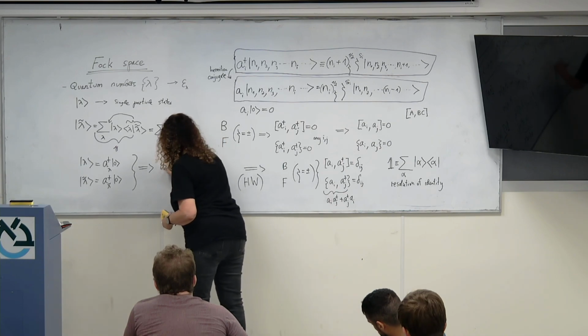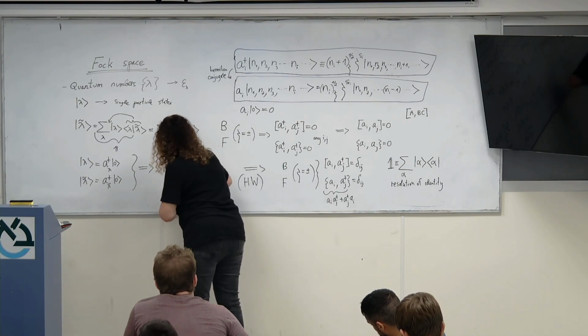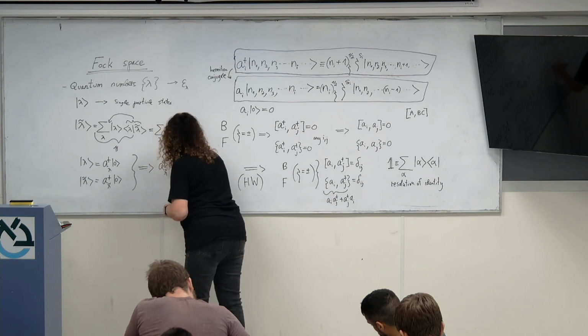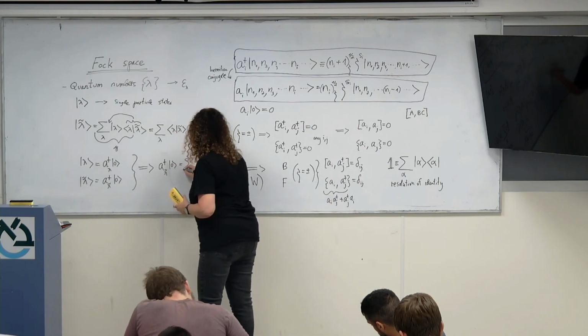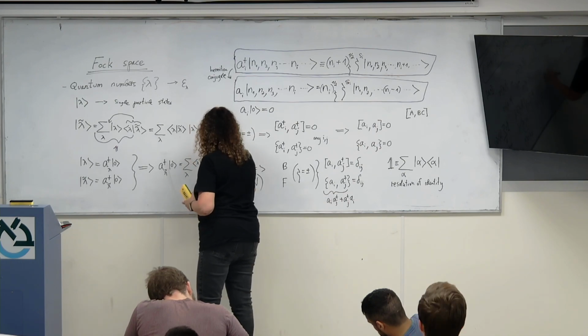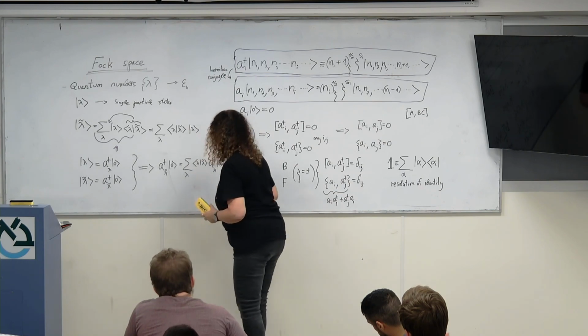the following identity: A lambda twiddle dagger acting on the vacuum, this is the left-hand side here, is given by a sum over lambda of the inner product of lambda and lambda twiddle, times A lambda dagger acting on the vacuum.